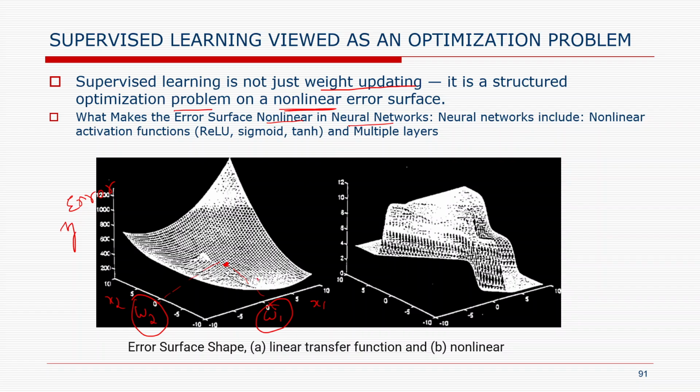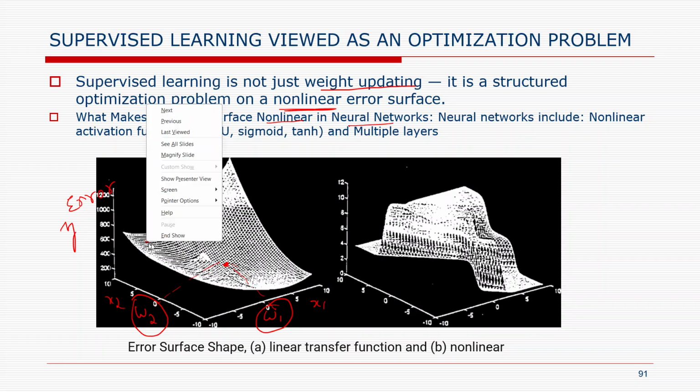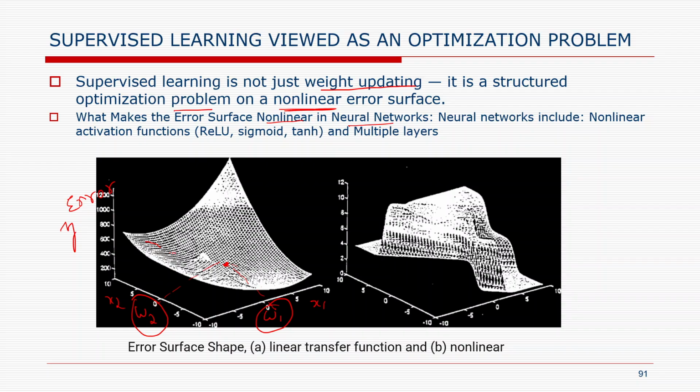If my error surface is like a smooth bowl, I know that if I start here, I can roll down and come to this point, or if I start here, I can roll down and come to this particular point. My aim is to come to this minimum point, because I should find the minimum error. The z-axis is the error, and W1 and W2 are the weights.